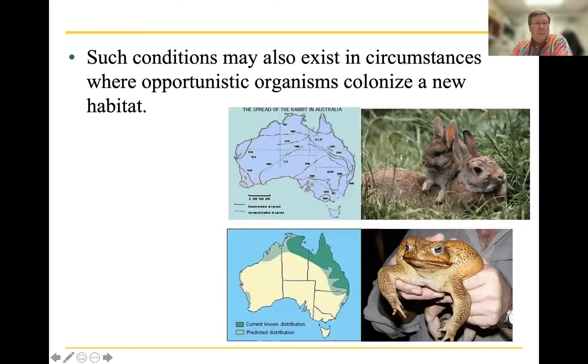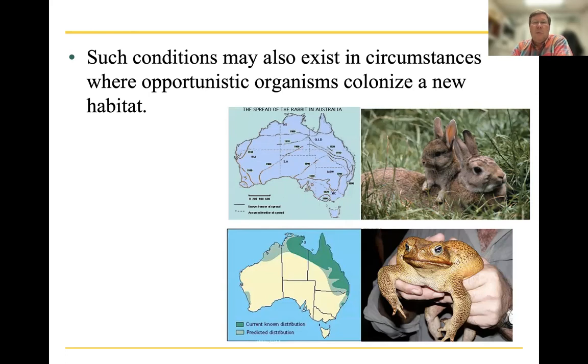Unfortunately, there are sometimes conditions in nature, certainly when organisms are introduced into non-native habitats, that you can experience this kind of exponential growth. So here, in the state of Victoria in Australia, rabbits were introduced in the late 1800s, and they spread and spread and spread. Now, this is primarily desert, so they were having trouble in the really desert areas, but all the way around, lots of rabbits.